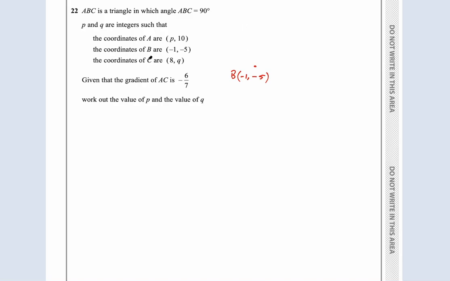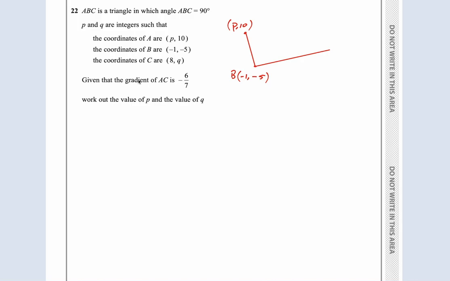And C, we know the x-coordinate is to the right of the x-coordinate of B, so C is over here somewhere. I don't want A directly above B, so let's put A here, which is (P, 10), and this angle here is a right angle.